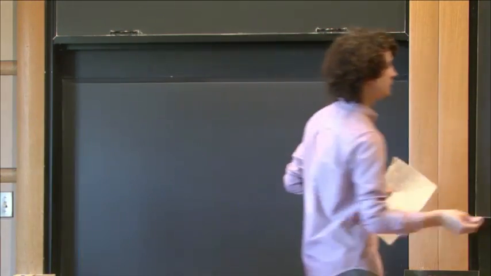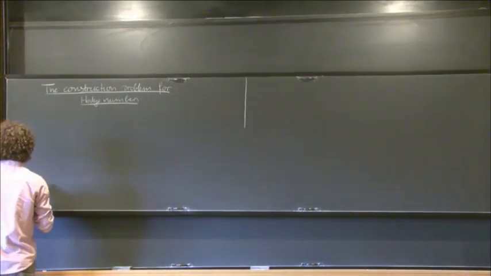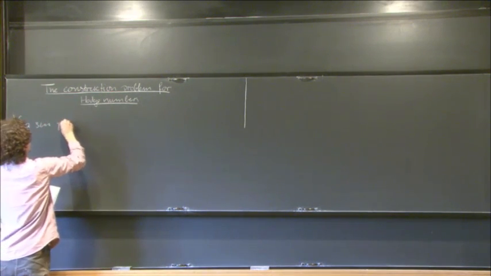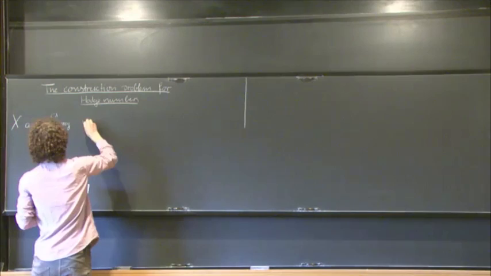Yeah, it's about the construction problem. X is a smooth complex projective variety.